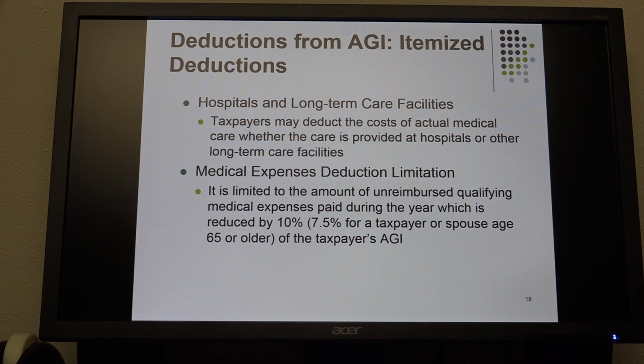Okay, so let's say you have $75,000 of AGI, and your medical expenses are, I don't know, $50,000.